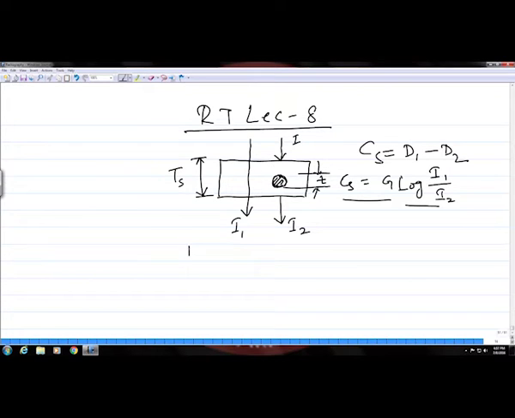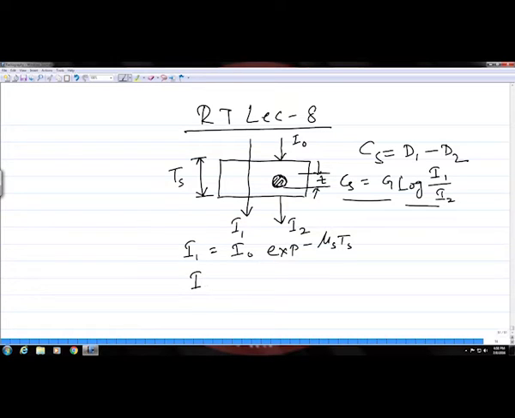So, this I1, which is the intensity coming out from the parent material, where this is the radiation intensity I naught, so I1 will be I naught exponential minus mu s Ts, where mu s is the absorption coefficient for the sample.